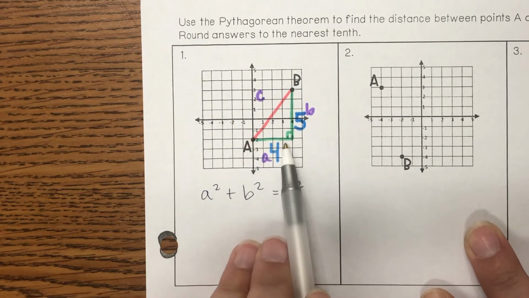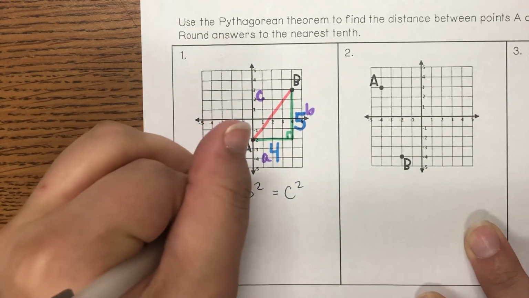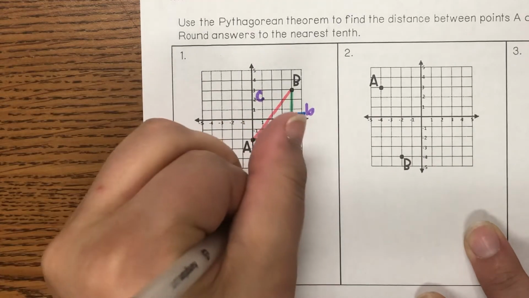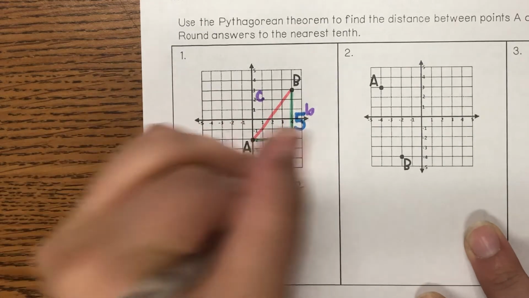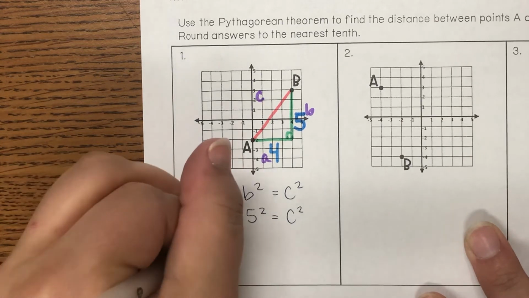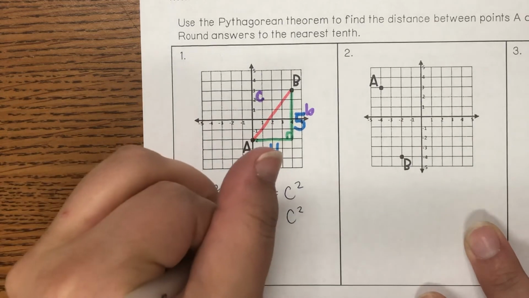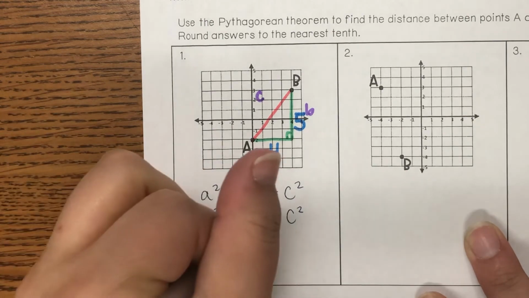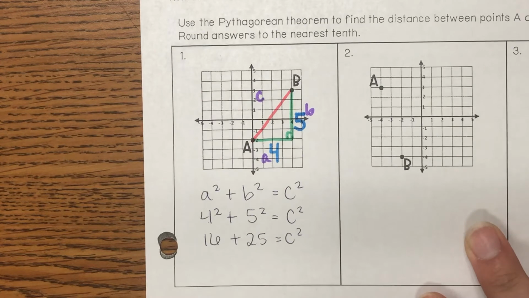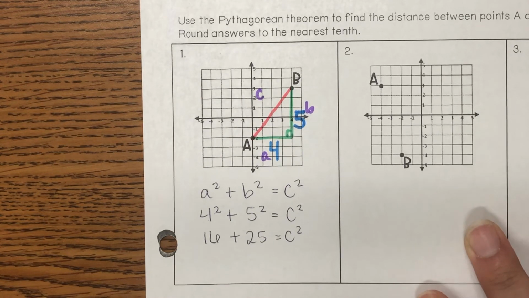My A value is 4, so I have 4 squared, plus my B value is 5, so I have 5 squared, and that equals C squared. 4 squared is 16, plus 5 squared, which is 25, and that equals C squared. I add these 2 sides together. 16 plus 25 is 41.